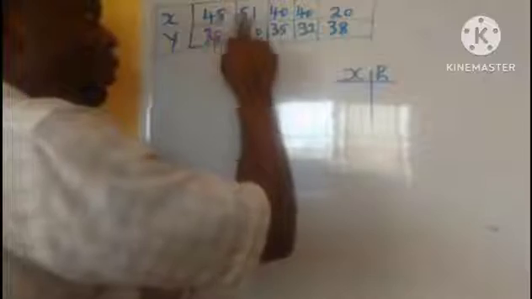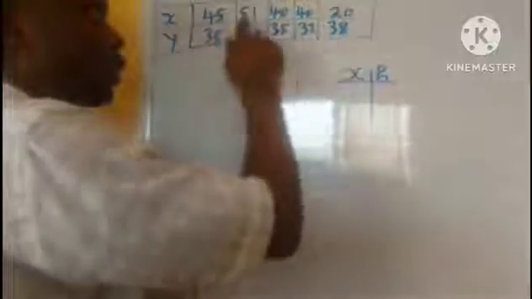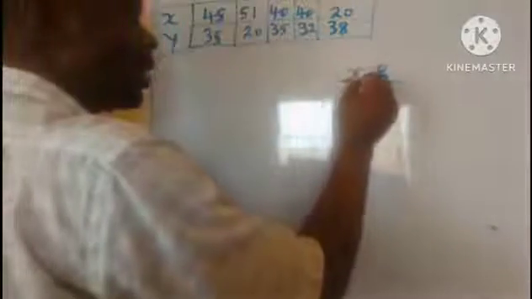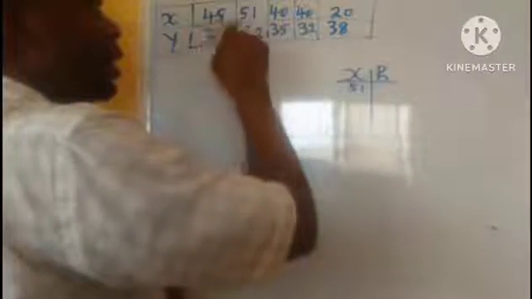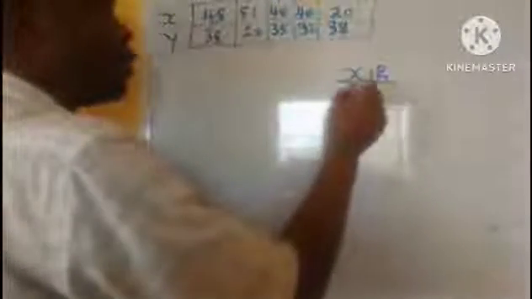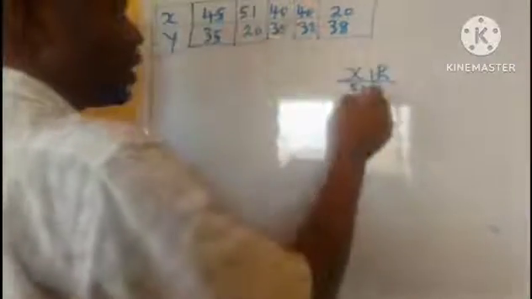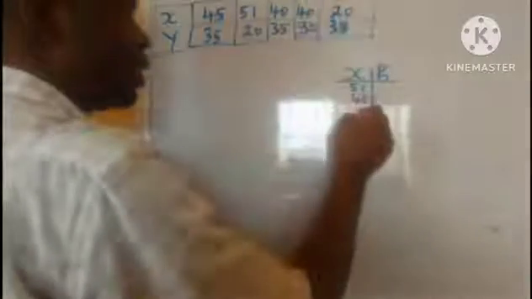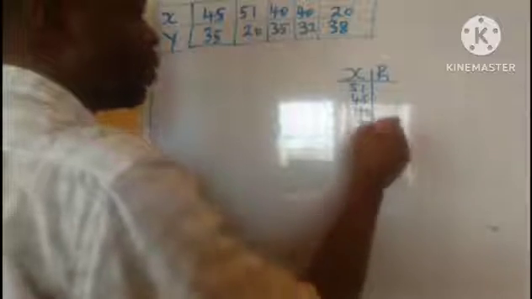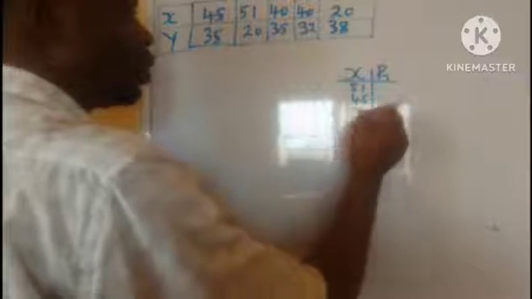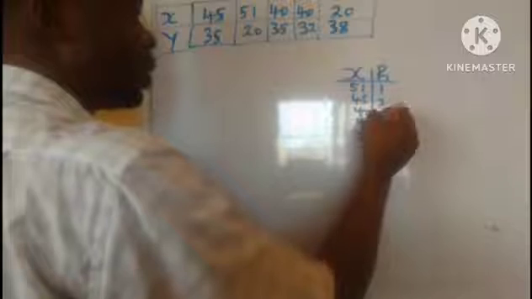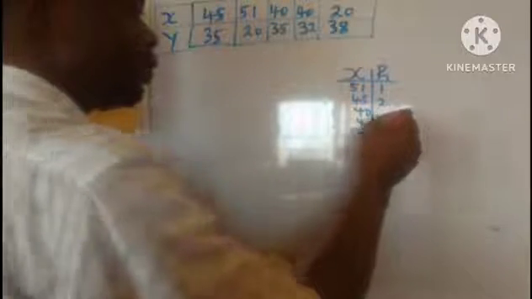I have 45, 51, 40, 40, 20. So 51 is the highest. I'll write it first, then followed by 45, then 40, another 40, then the last one, 20. So I'll rank it first, second, third, fourth, fifth.